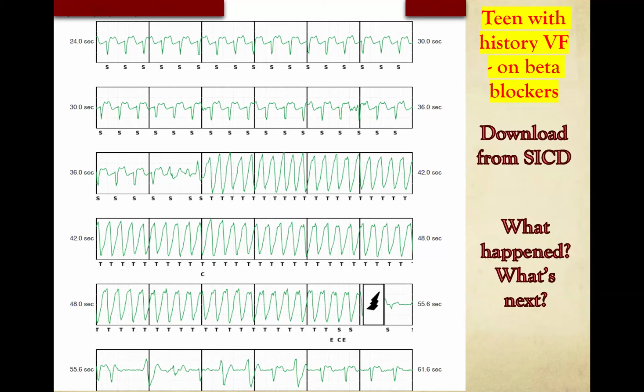Whenever you're thinking about an SICD, we always worry about the possibility that the patient will need pacing. That could be a big problem in terms of decision making for these devices.